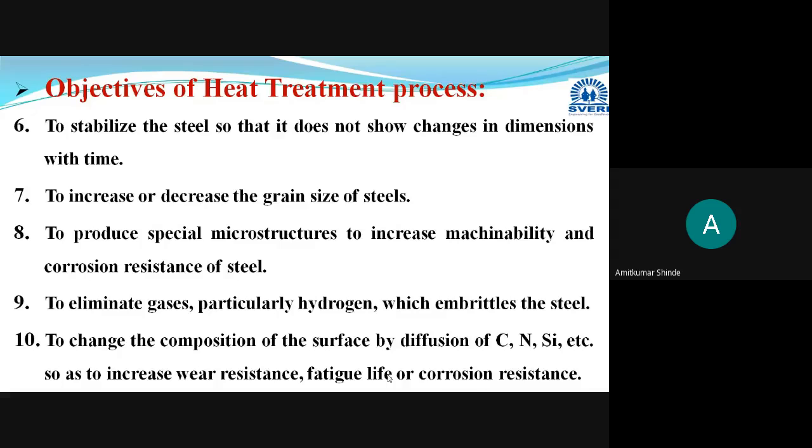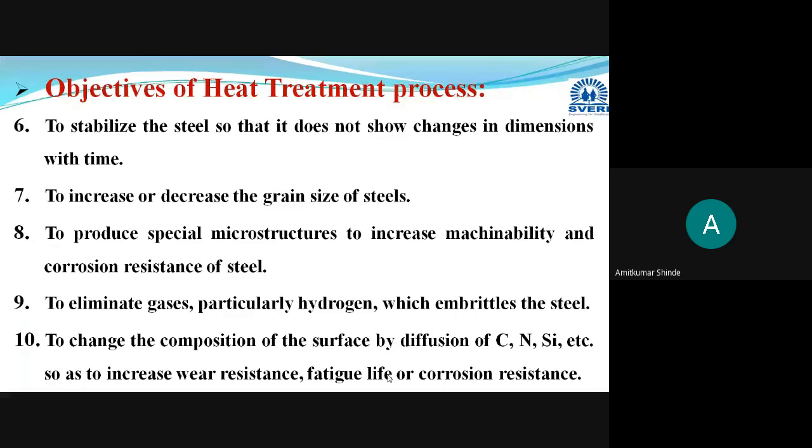When the grain size is large, that is, coarse grains, which means larger grains, it will result in inferior mechanical properties. Their tensile strength will be less, or the brittleness of that material will be more, and then we will be able to decrease its grain size.